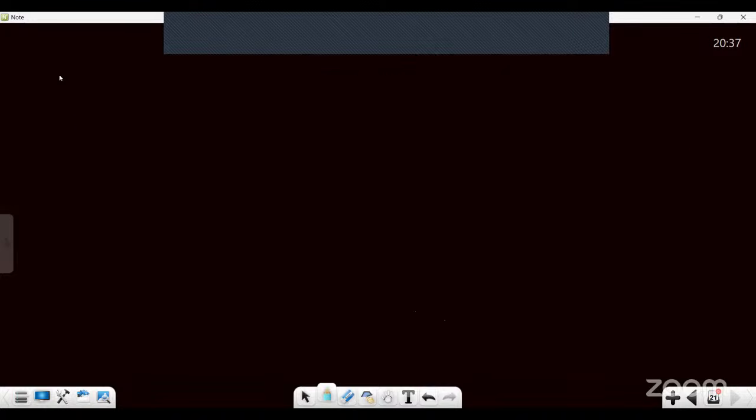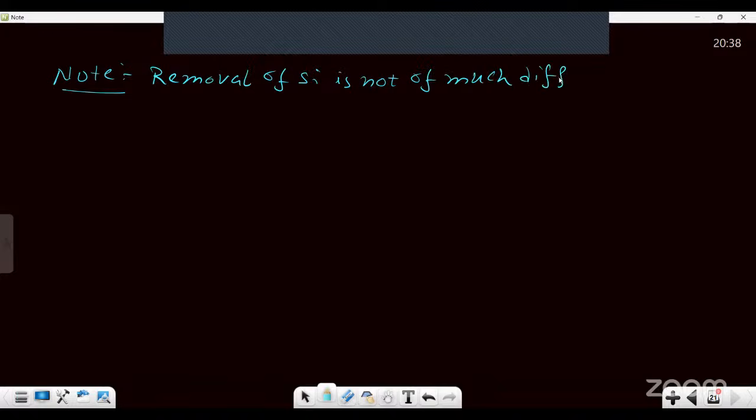So in the note, you can write: removal of silicon is not of much difficulty in basic steel making process.